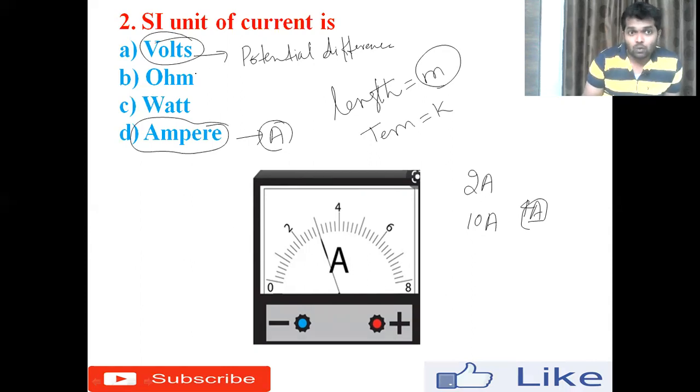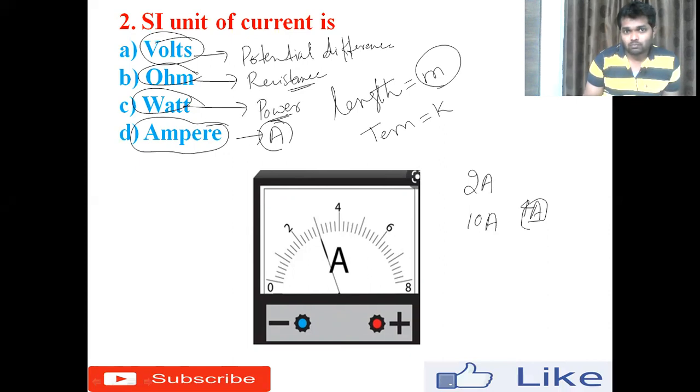Next one, ohm. Ohm is the unit of resistance. Resistance is the disturbance to the flow of charges. Watt is the unit of power. But the right answer for this question is option D, amperes.